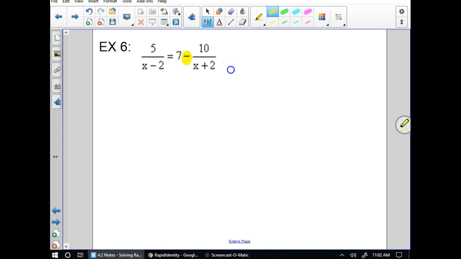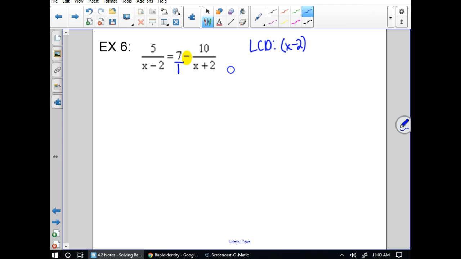As far as the setup and everything else you do, it's all the same, but you just have to remember to distribute it. Okay? So for this one, one other thing that a lot of students miss, that 7 right there, it doesn't have a denominator, so we've got to give it a denominator. So our least common denominator here is going to be, we've got an x minus 2.